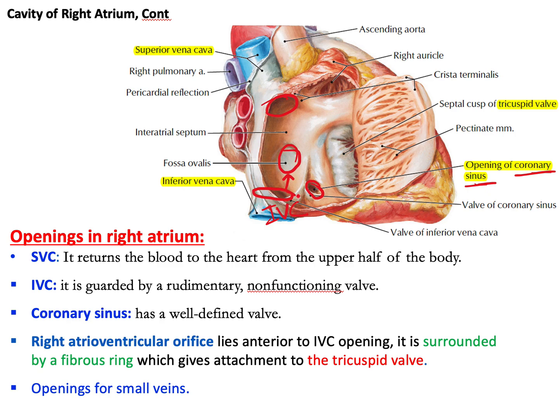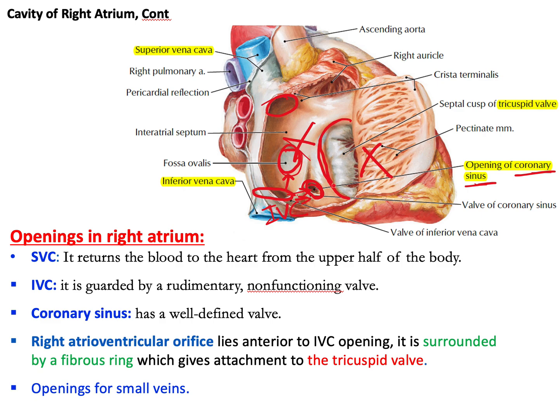It's located just medial to the opening of the inferior vena cava. So we have the fossa ovalis superior to it and the opening of the coronary sinus medial to the opening of the inferior vena cava. There is also this opening which is known as the right atrioventricular orifice.